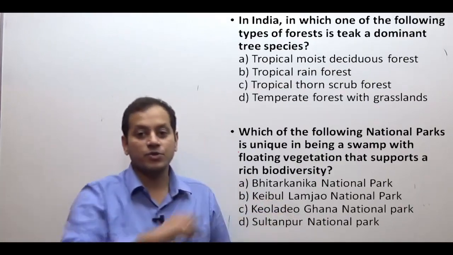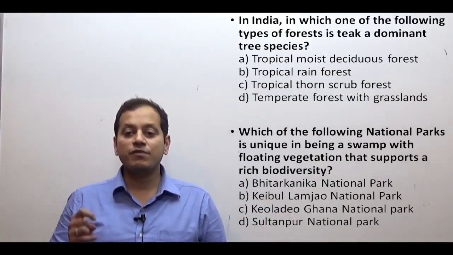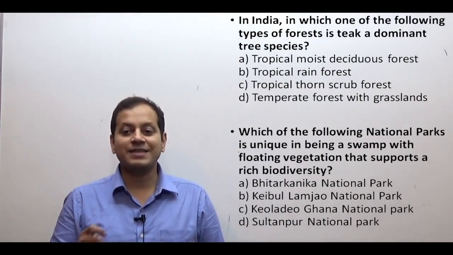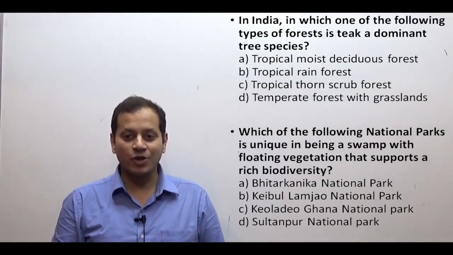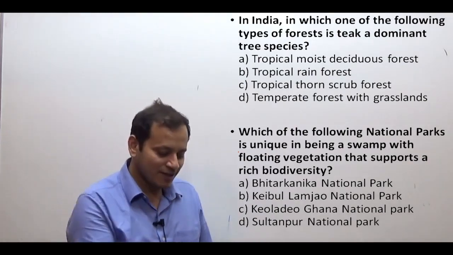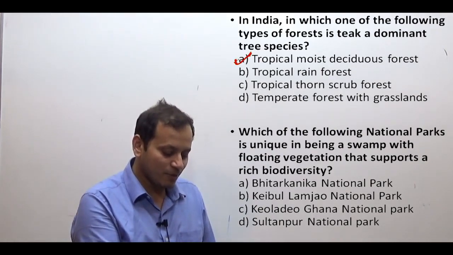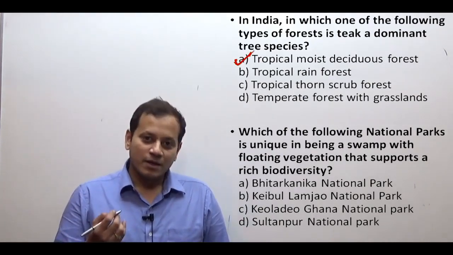Come to the next question. In India, in which one of the following types of forest is teak a dominant tree species? Tropical moist, rain, thorn, grassland. This question we have done. It is in the tropical moist deciduous forest. I have also taught you this.